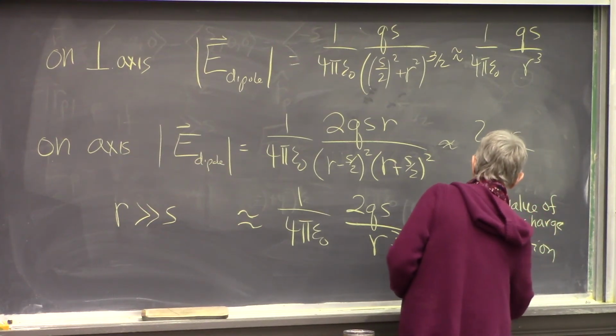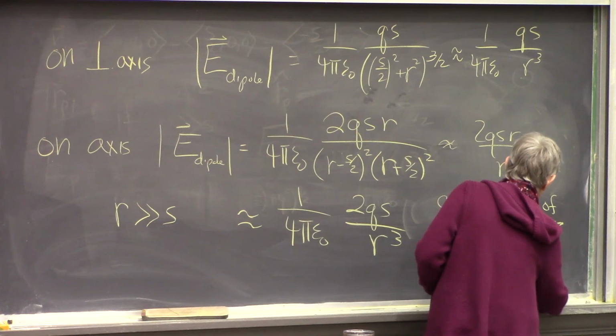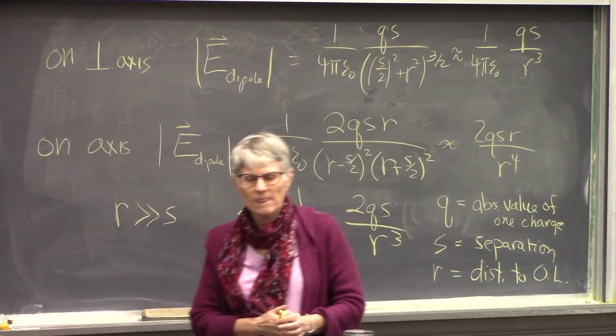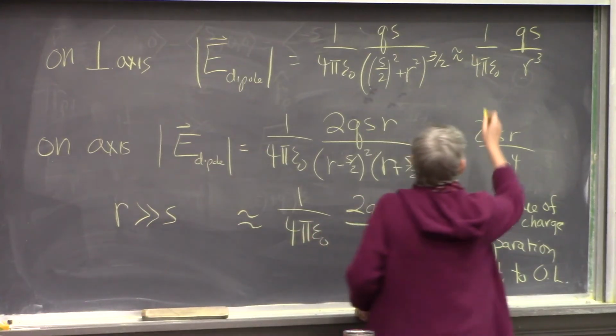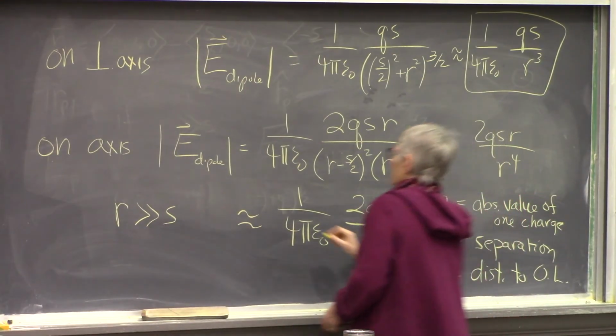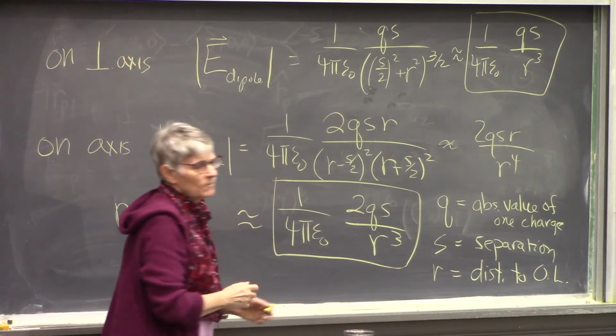And R is the distance to the observation location. And so we have these two equations that we're going to be using a fair amount.